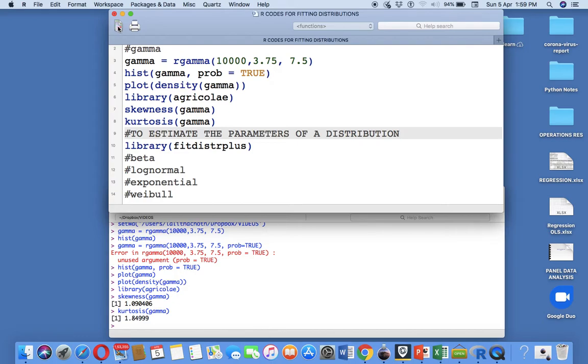To estimate the parameters of a distribution, you need this package, which you'll have to install one time. Since I've already got it installed, I'm not doing it. You have to do it if you have not already got it installed.